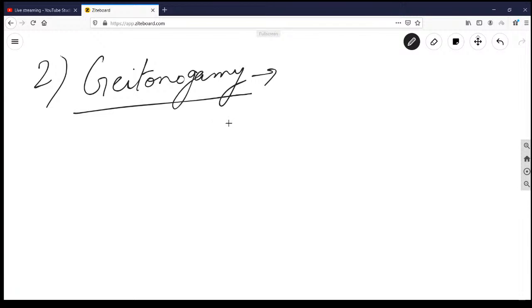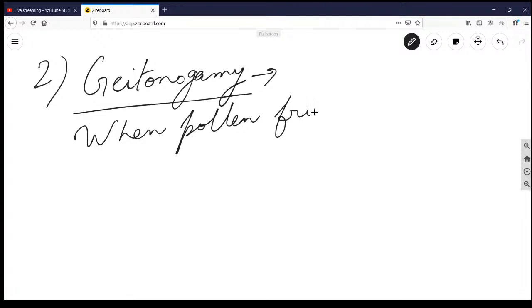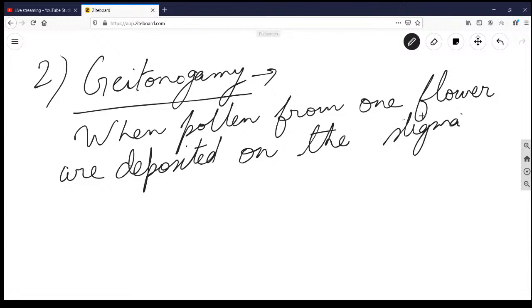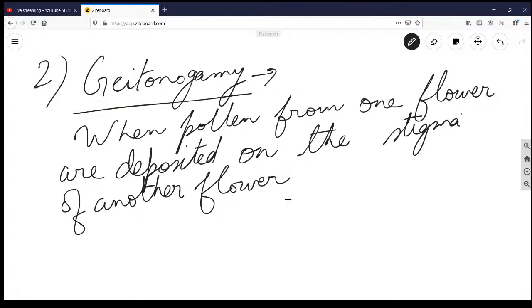So once we talk about geitonogamy, means when pollen from one flower are deposited on the stigma of another flower, born on the same plant.